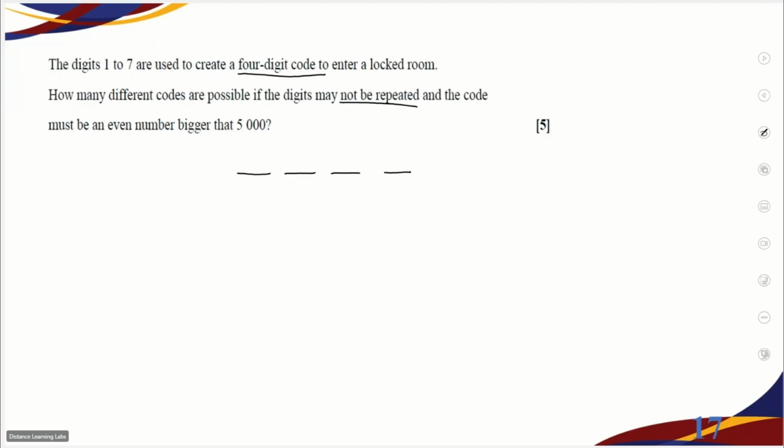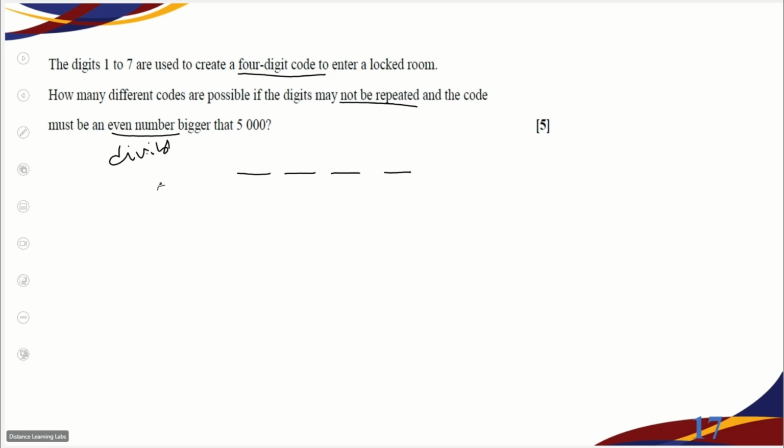It is different compared to the previous example. In the previous example, the digits were allowed to repeat, but in this example, the digits are not allowed to repeat. And the code must be an even number.